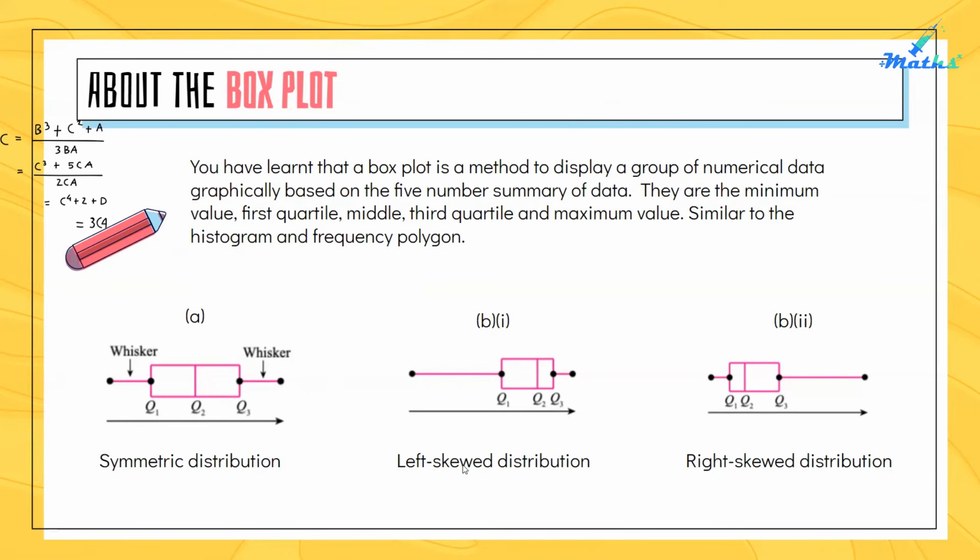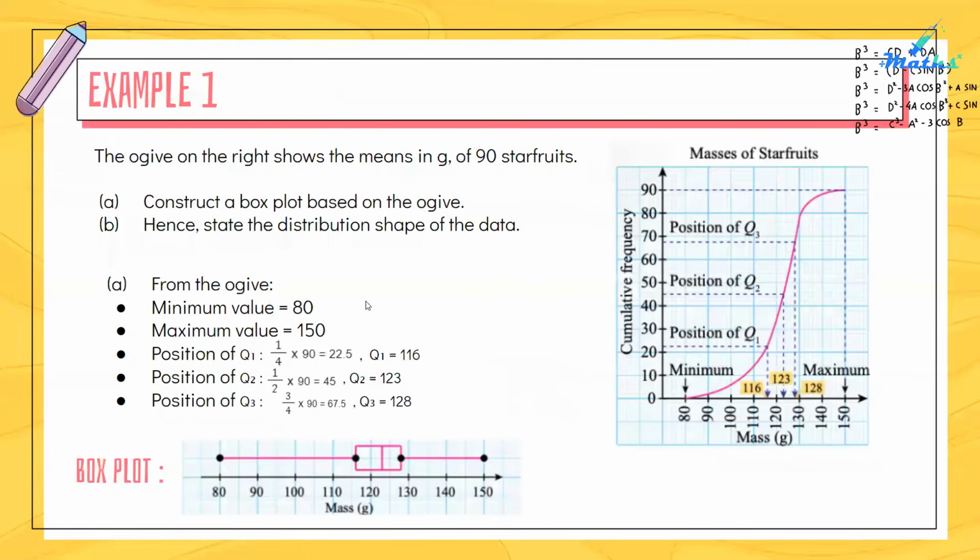B1 is the left skew distribution, because the left side is longer than the right side. B2 is the right skew distribution, because the right is longer than the left side.